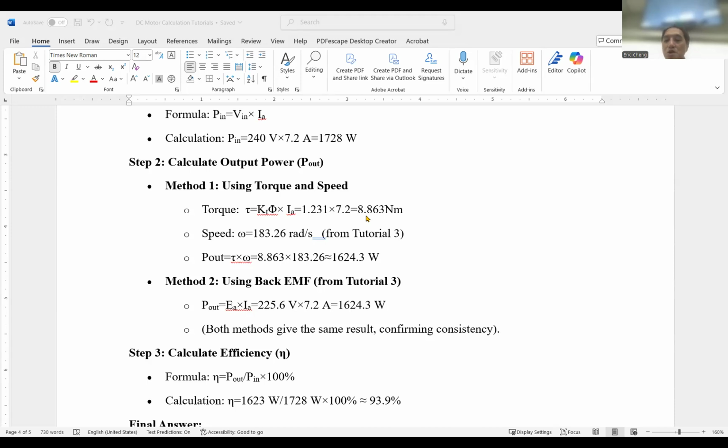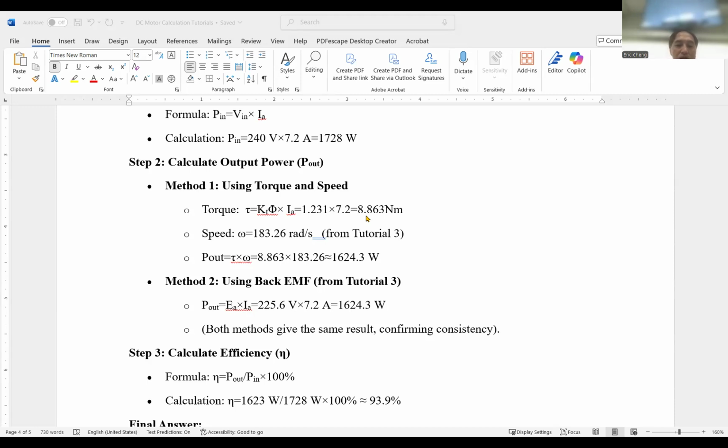The armature current is measured to be 50 amp. Now we calculate the back EMF. We have 300 volt DC here and a duty ratio of 0.7, so the average voltage on the armature would be 210.